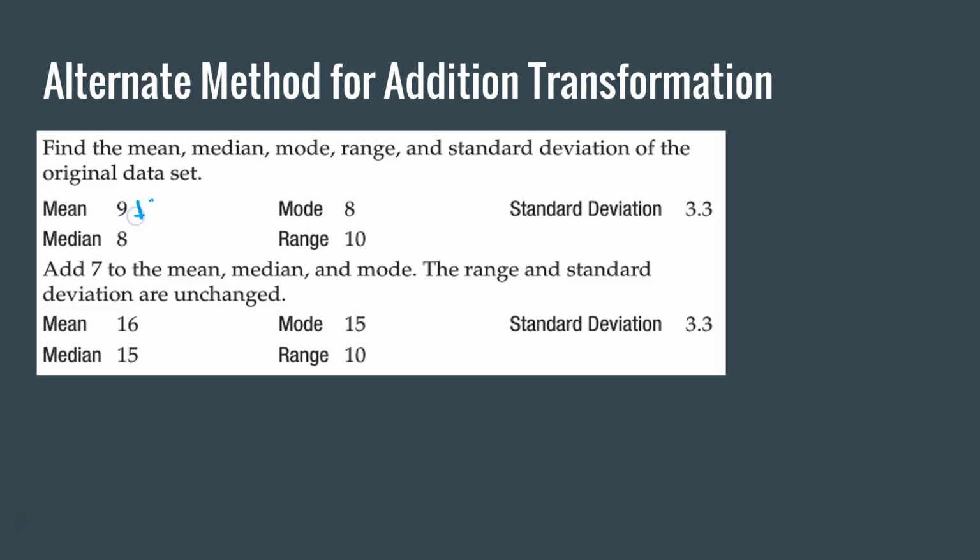From 9 plus 7, which would give me my 16, 8 plus 7, which would give me 15, and my mode plus 7 gives me 15. My range does not change, 10 and 10. My standard deviation remains 3.3 on both.